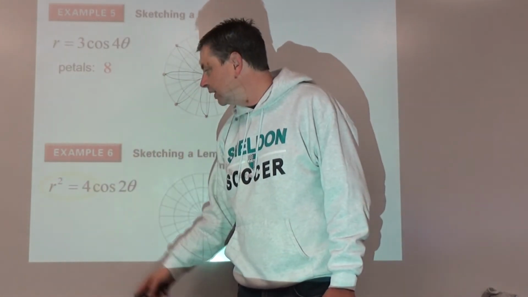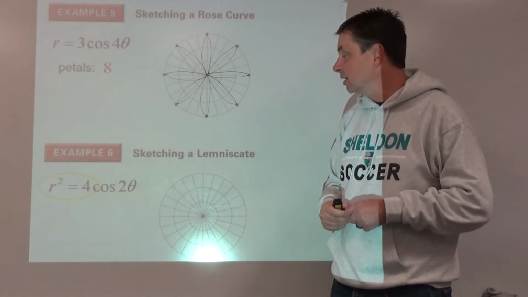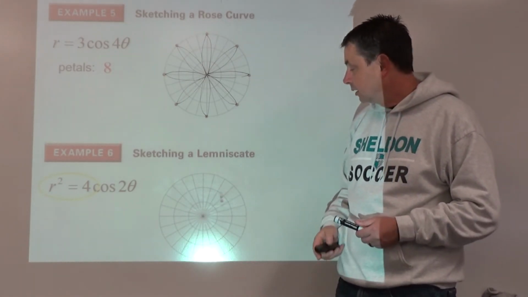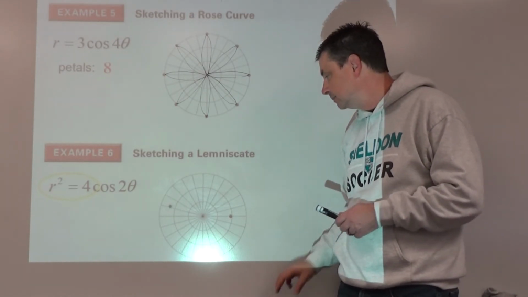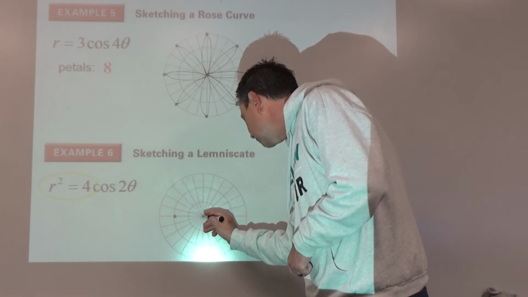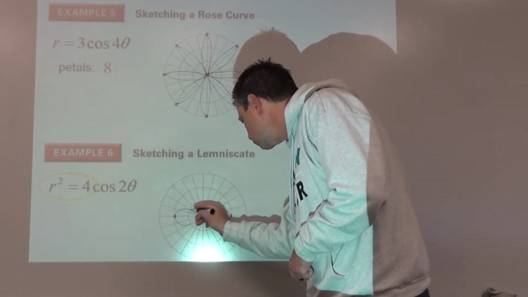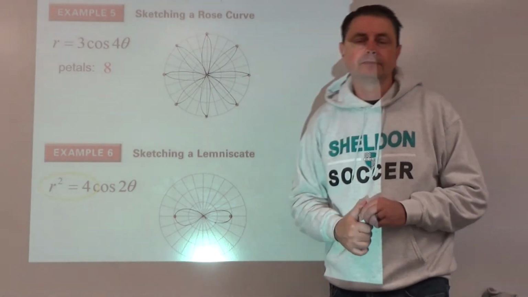R squared equals 4, so r is going to be 2, or a is going to be 2. So we go 2 to the right, 2 to the left. Those are the tips of our figure 8, and then something like that for the lemniscate.